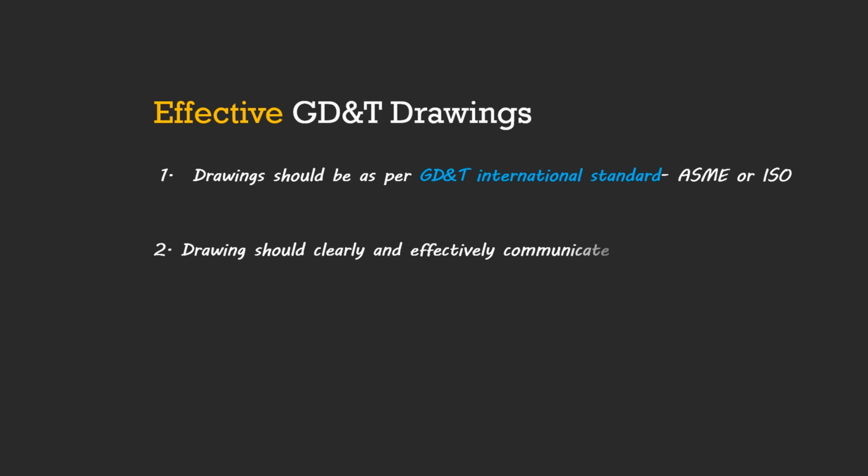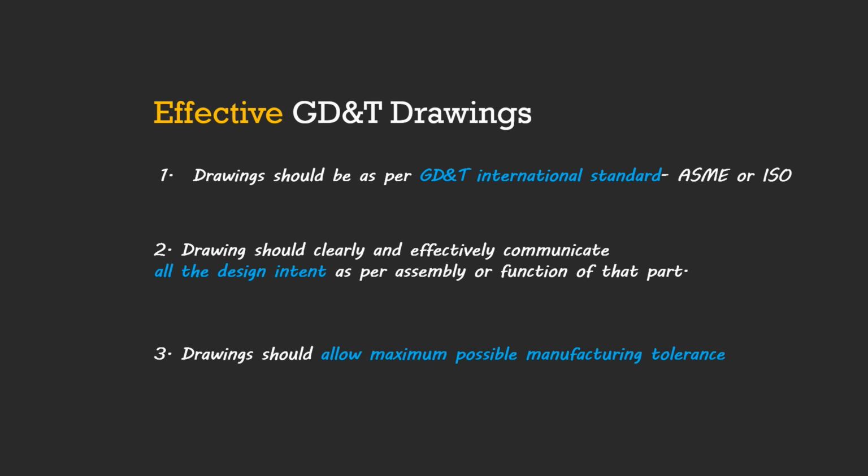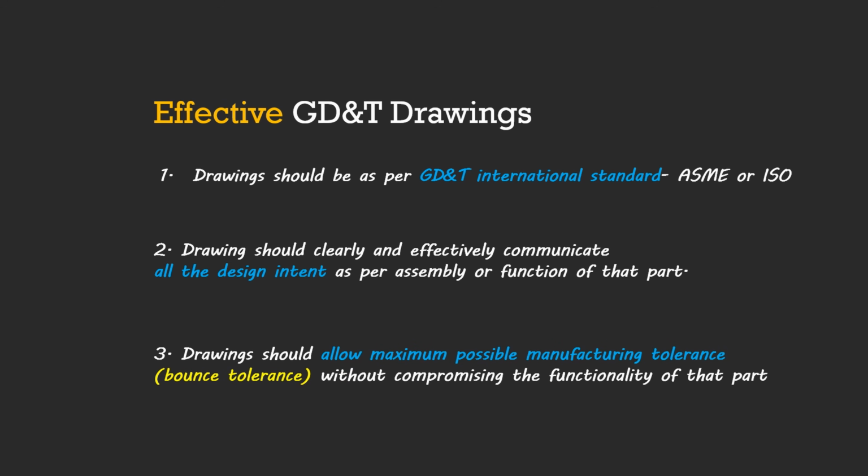Number two, drawings should clearly and effectively communicate all the design intent as per the assembly or the function of the part. Number three, drawings should allow maximum possible manufacturing tolerance, bonus tolerance, without compromising the functionality of the part, to save the manufacturing and inspection cost.